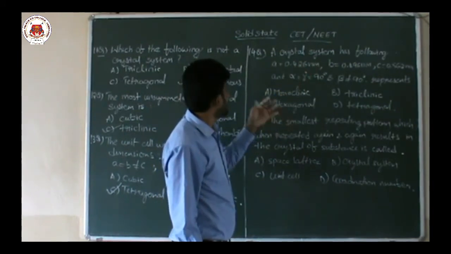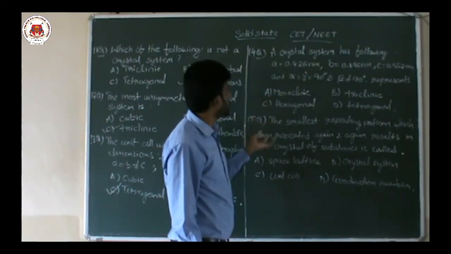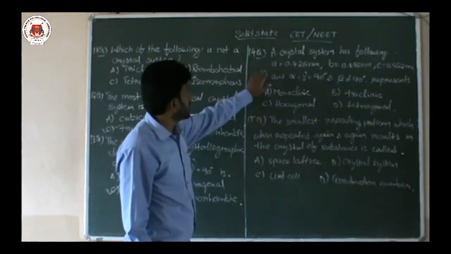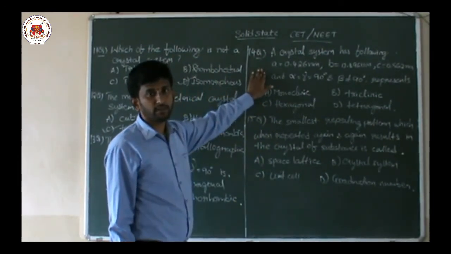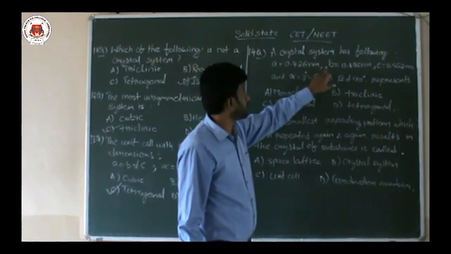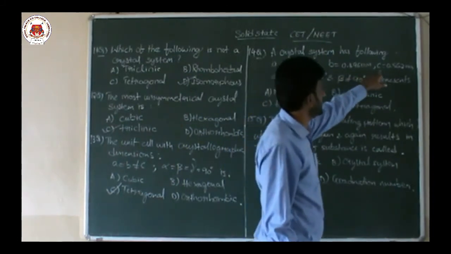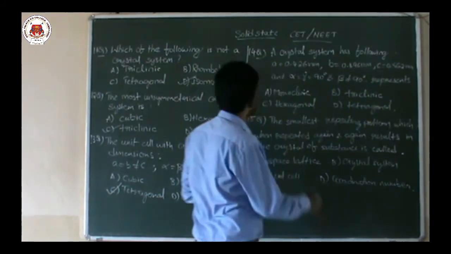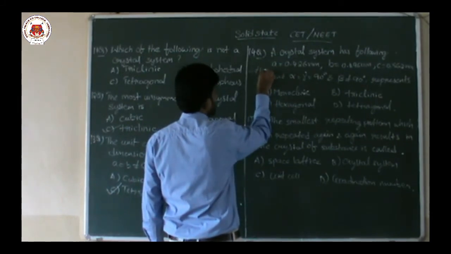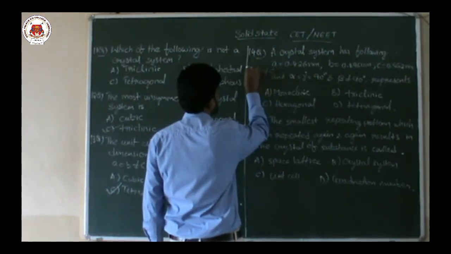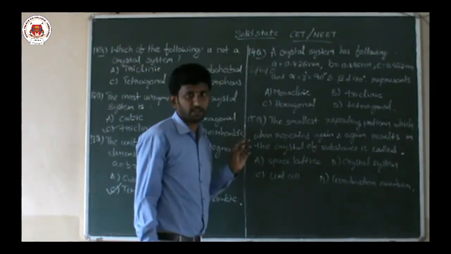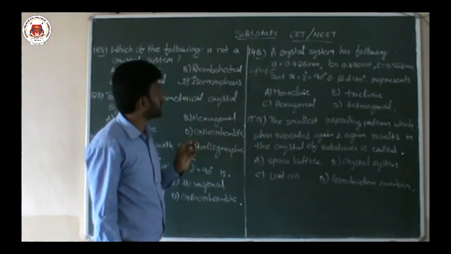Coming to the 14th one, a crystal system has the following values given to us, and they want us to know which type of crystal system it is. The meaning of giving the values here, A 0.4, B 0.49, C 0.56, is that A is not equal to B is not equal to C. Just to create confusion, they are giving different values.